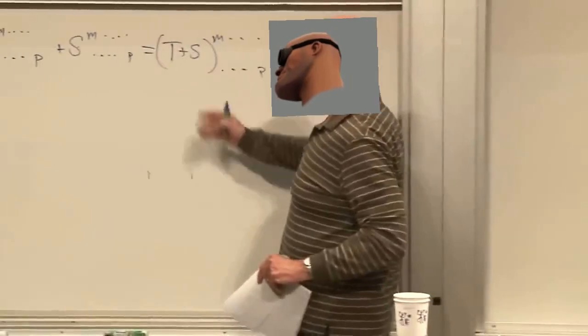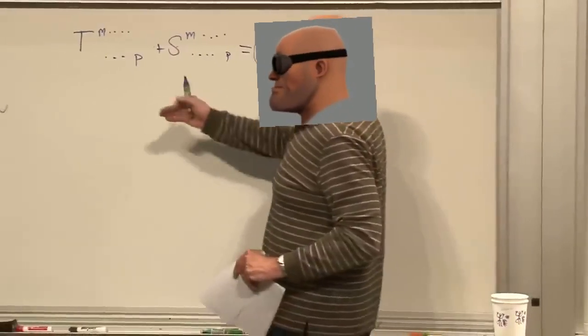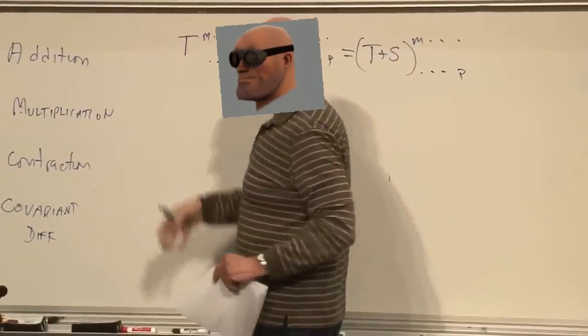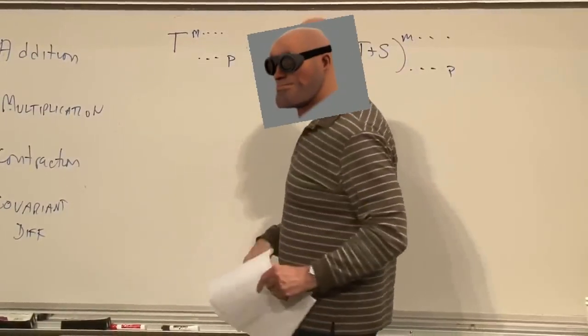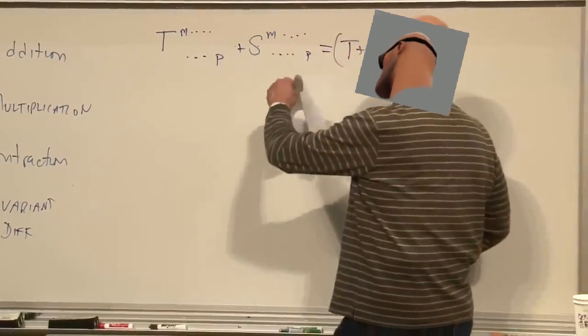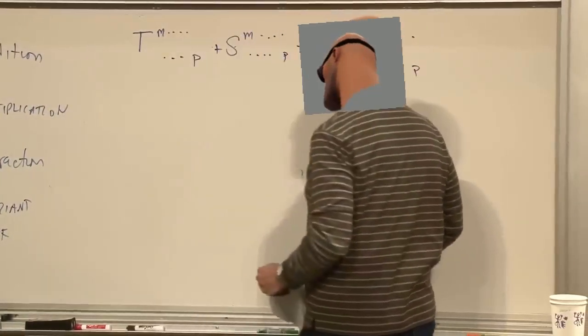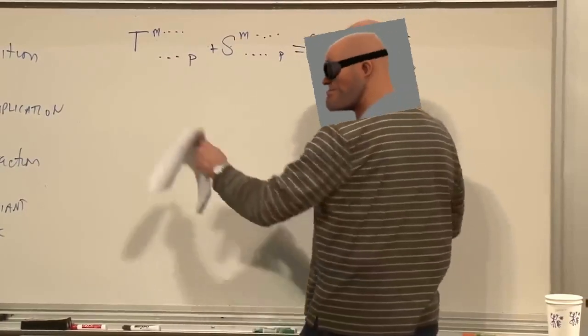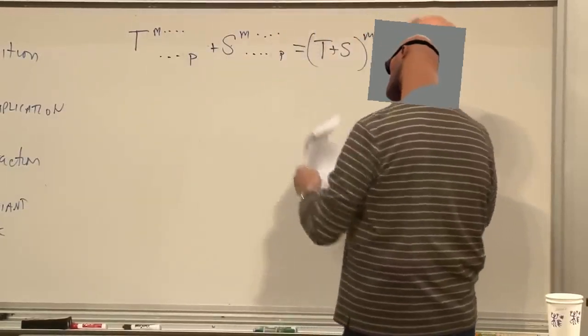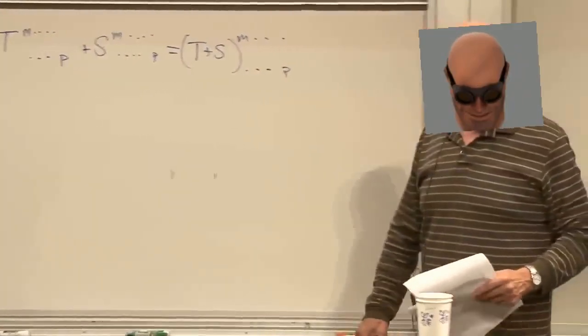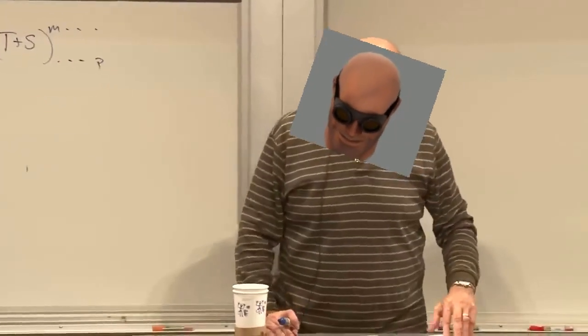It's obvious that this transforms the right way. If T transforms by multiplying it by a bunch of dx by dy's and dy by dx's, and S transforms the same way, then if you just factor out the transformation coefficients, the dx dy's and dy dx's, then you can see easily that the sum is also a tensor, transforms as a tensor.